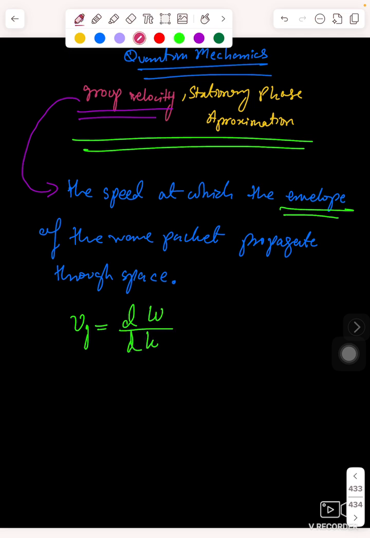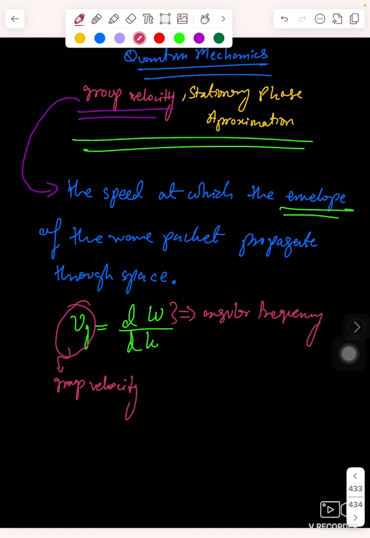Here, this is the group velocity, this is the angular frequency, and this is our wave number.